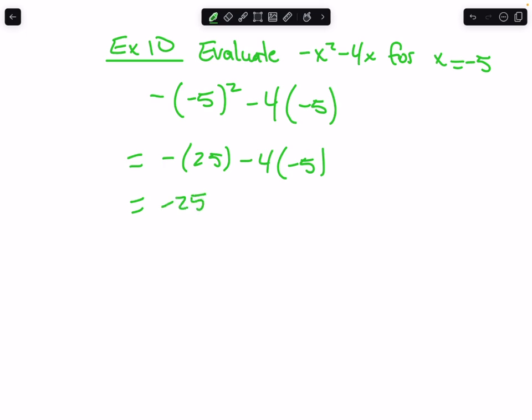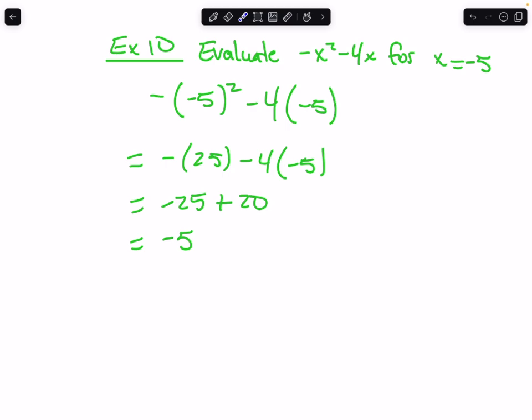And then negative 4 times negative 5, even number of negative factors, so it's positive. Negative 4 times negative 5 gives us positive 20. So negative 25 plus 20 is a negative 5. So when we plug in x equals negative 5 into our algebraic expression, negative x squared minus 4x, and using the order of operations, we find that the result of our evaluation is negative 5.